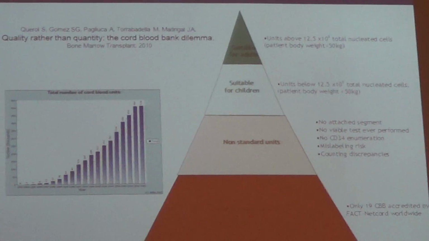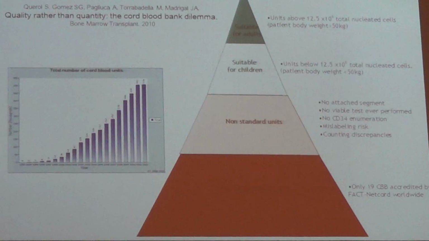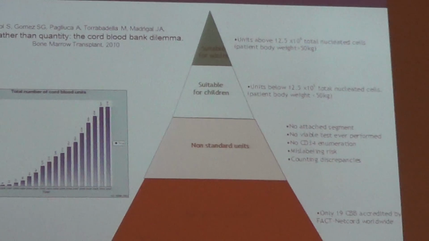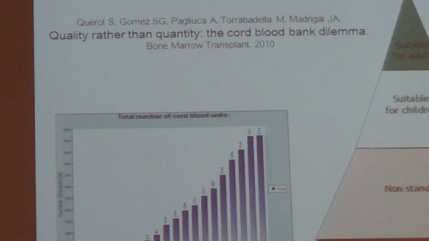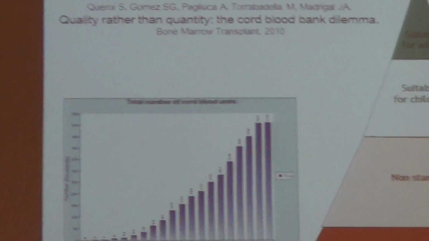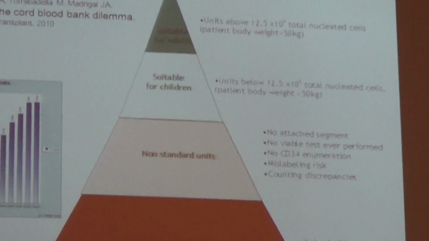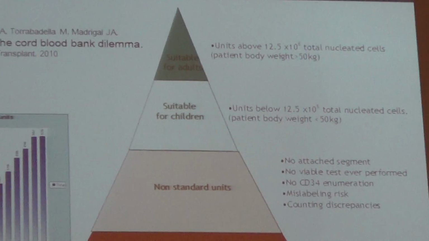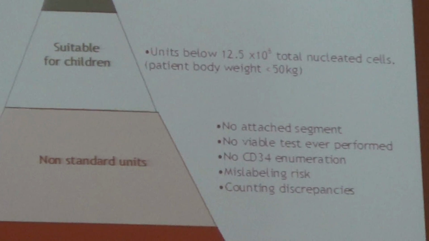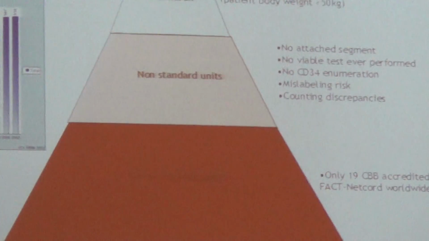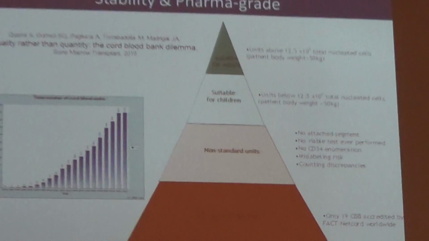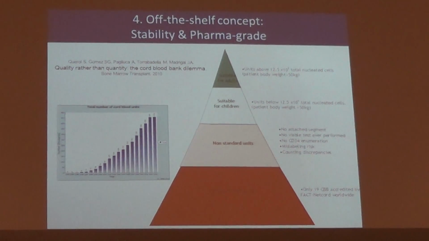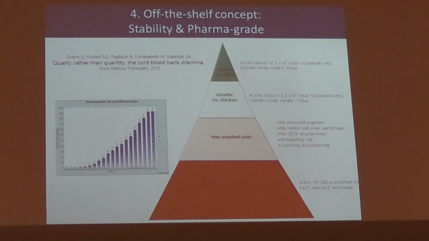So, what is the matter that we need to do in the cord bank to meet the clinical needs? Basically, here what is important is to stress the concept of quality. One of the major differences between a cord donor and an adult donor is that the cord is a product that is manufactured, that is elaborated in a laboratory.